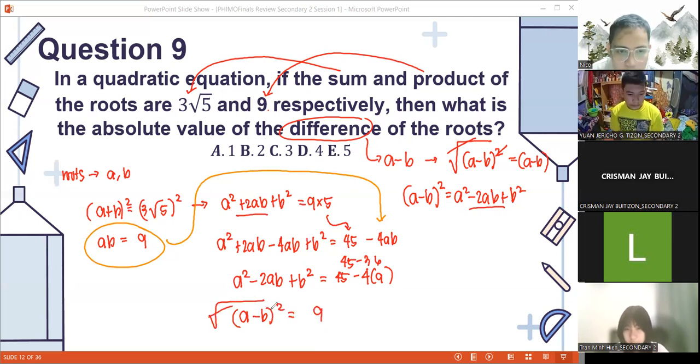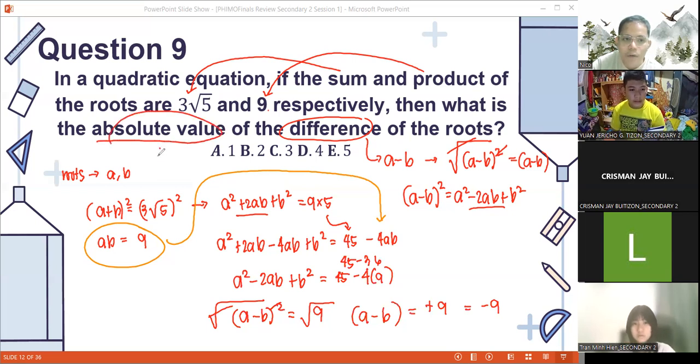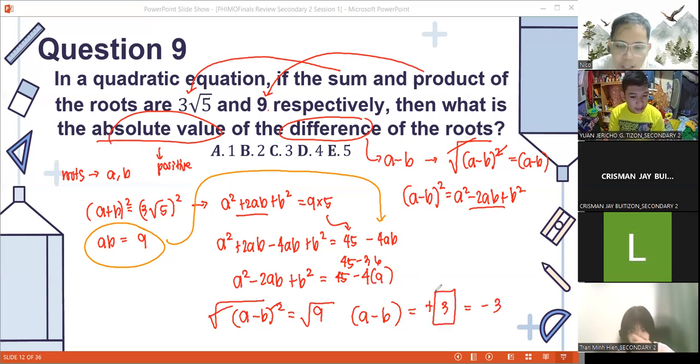So get the square root. A minus B is equal to plus 9 and minus 9. Again, it's an absolute value difference, only positive. Wrong, it's plus 3 and negative 3. So it's going to be the positive only. So the answer here is positive 3.